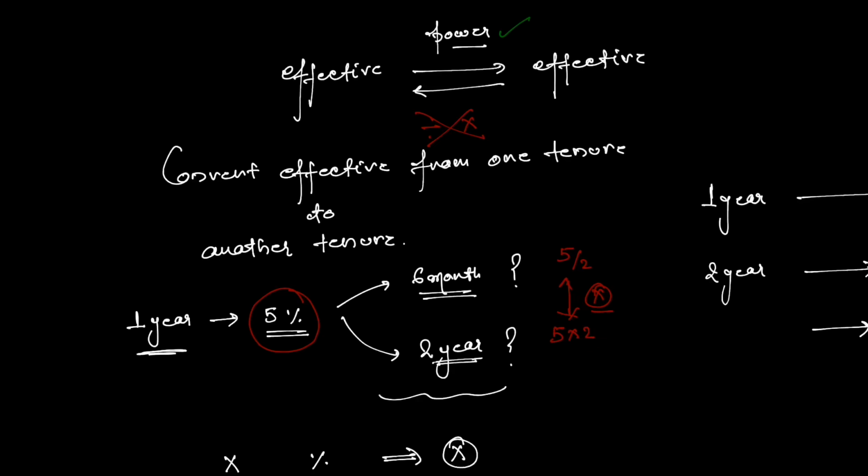Okay. Now let's discuss the quoted rate. What rate? Quoted rate. Now we discussed there are different quoted rates: semi-annual compounding, quarterly compounding, monthly compounding, daily compounding, continuously compounding.